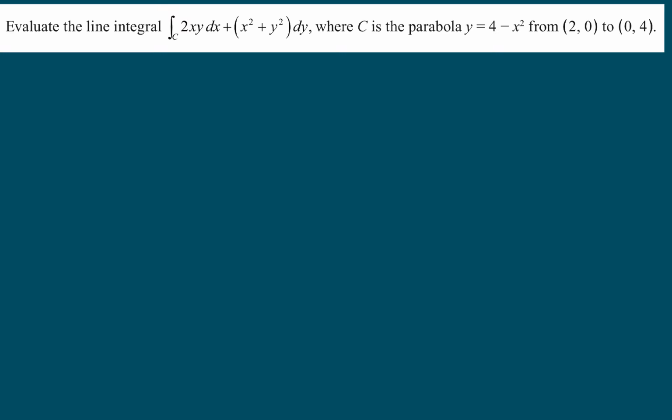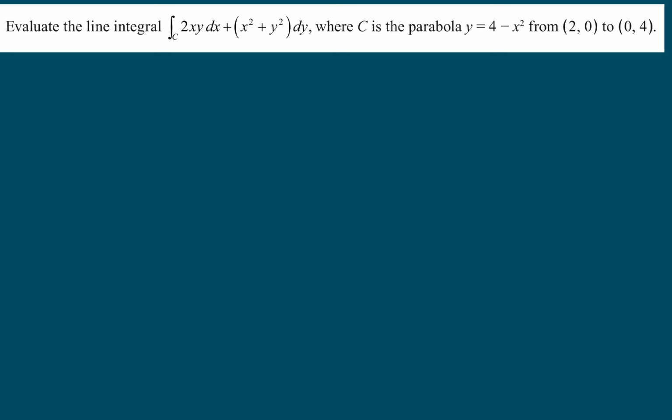Well, the next problem is very similar to the last one. It's only that now you go through the parabola, but indeed it doesn't matter which path you take, because the vector field is the same and the integral is independent of the trajectory, independent of the path. It depends only on the initial and final points.